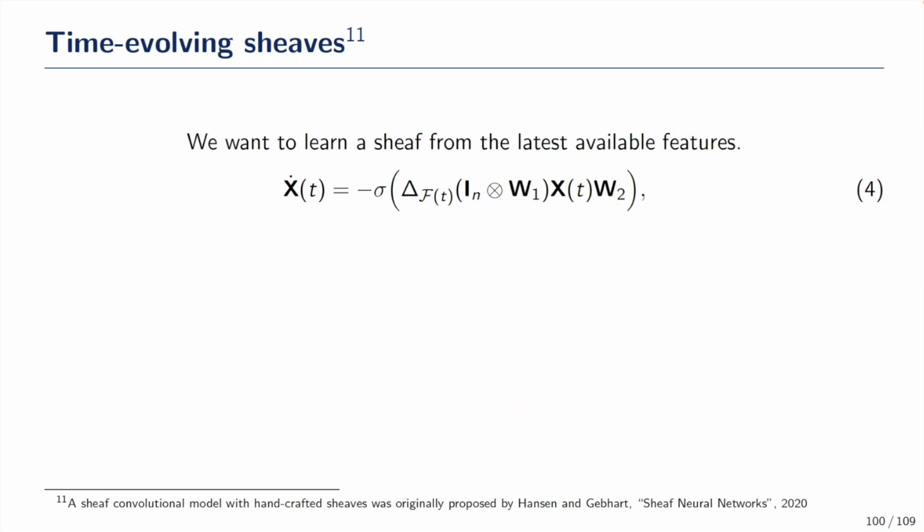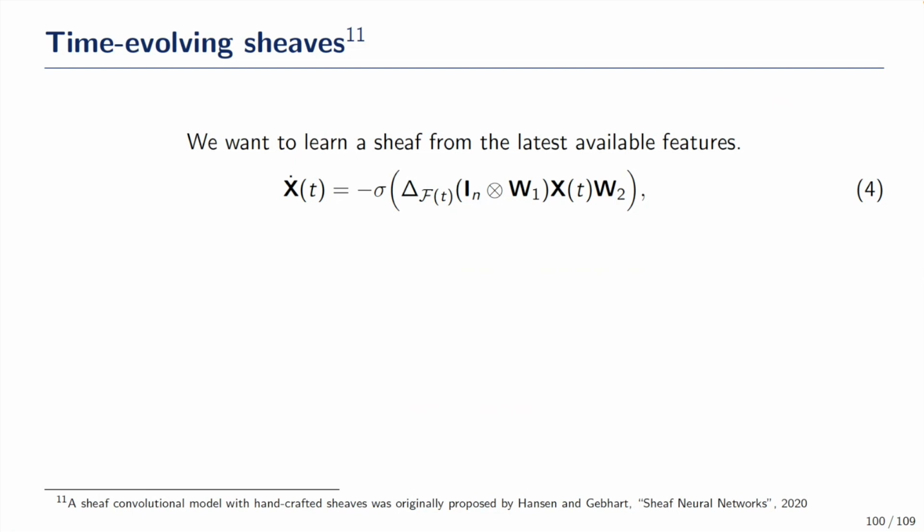Okay, let me finish because I promised I'd finish early. So basically we just have a generalized diffusion process. What we've done is put some extra weights before and after to multiply our features. You can think of W1 as multiplying all these d-dimensional vectors that we're stacking.